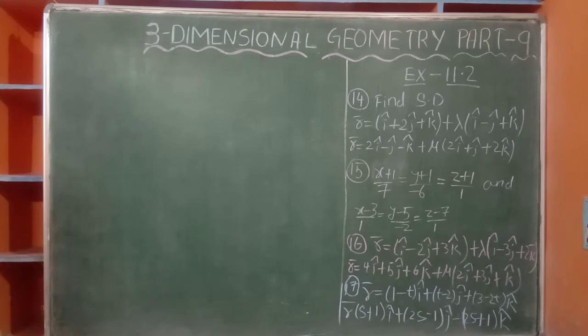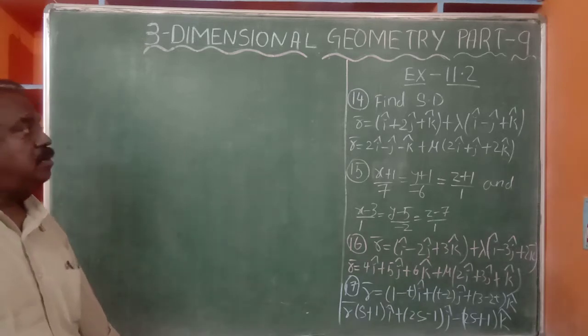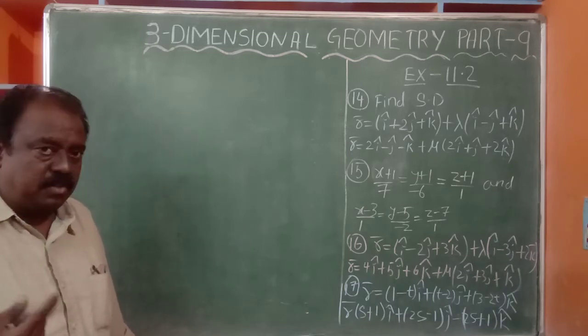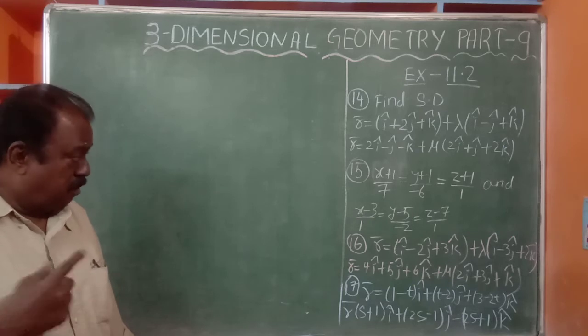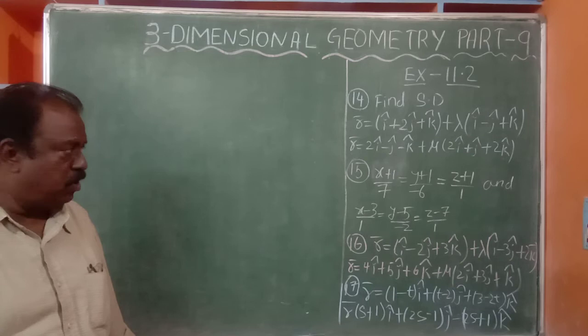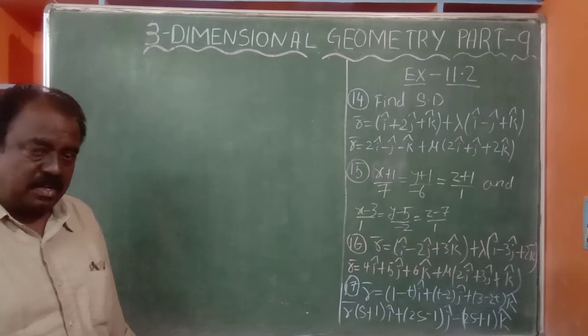One example is over by using that formula for SD, shortest distance. Now this is the exercise problem. Problems 14, 15, 16, 17 are important, essay questions related to SD.